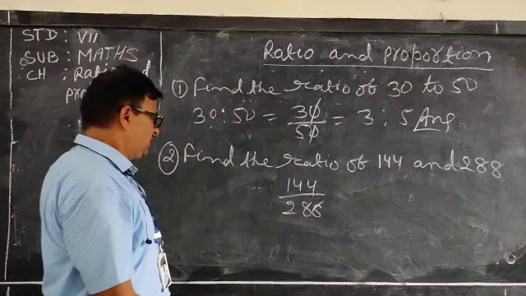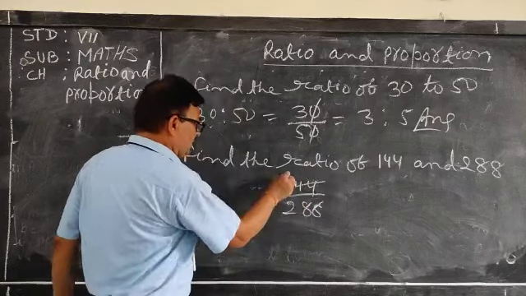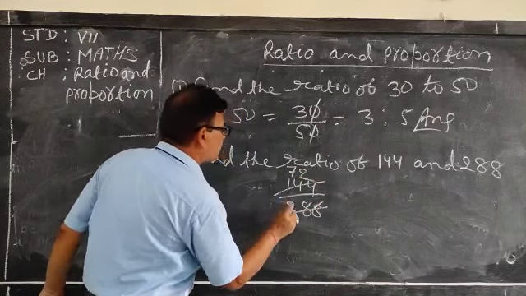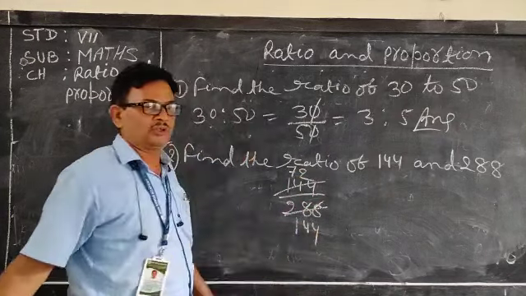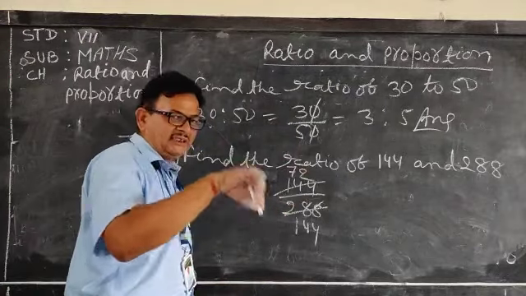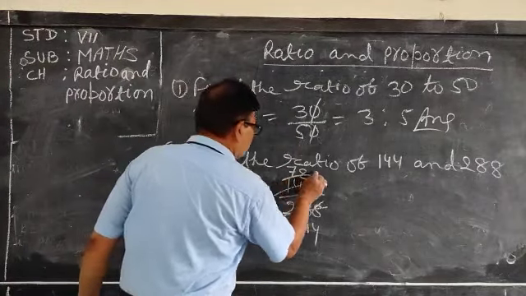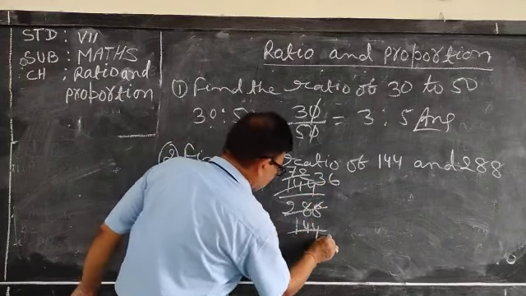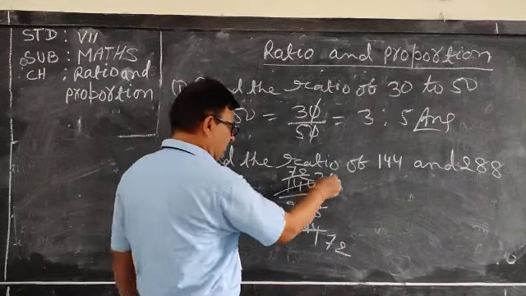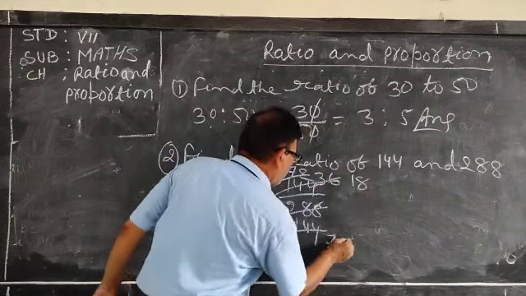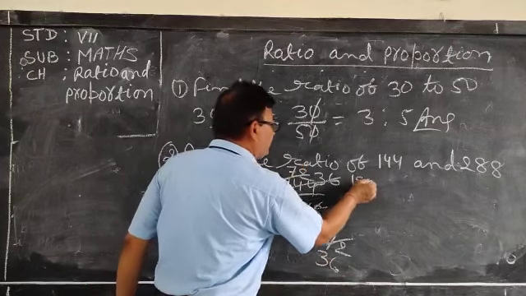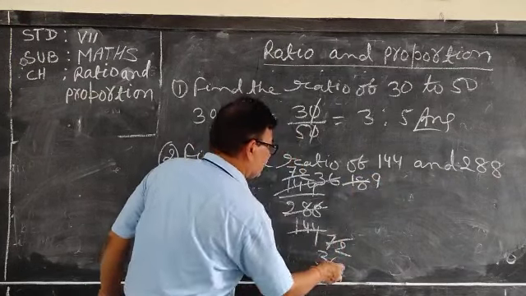Now see this one. Both are divisible by 2. 72 and what will you write? 144. Both numbers, you have to reduce to the lowest term. Again divide by 2: 36 and 72. Now again by 2: 18, and what will you write? 36. Again by 2: 9, and what will you write? 18.